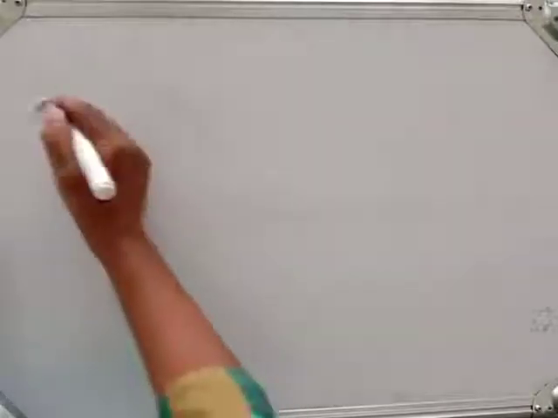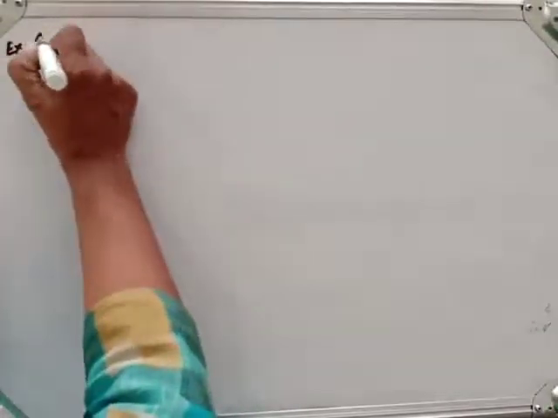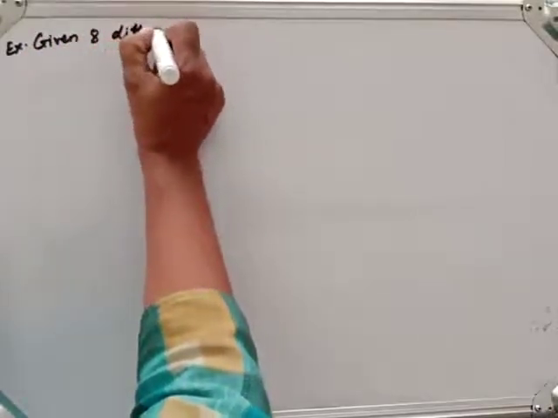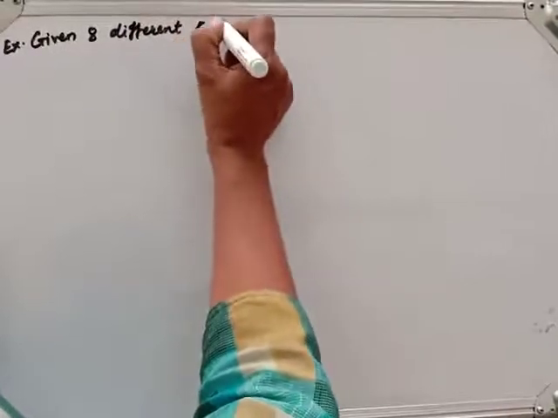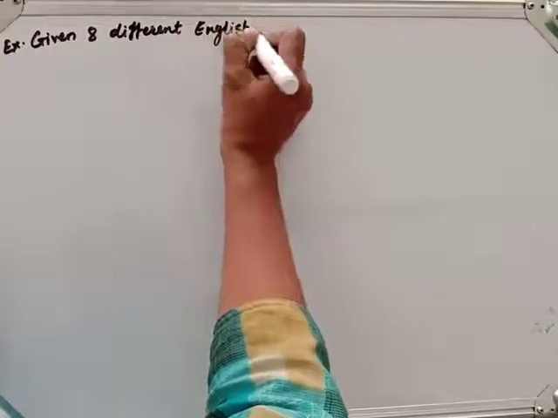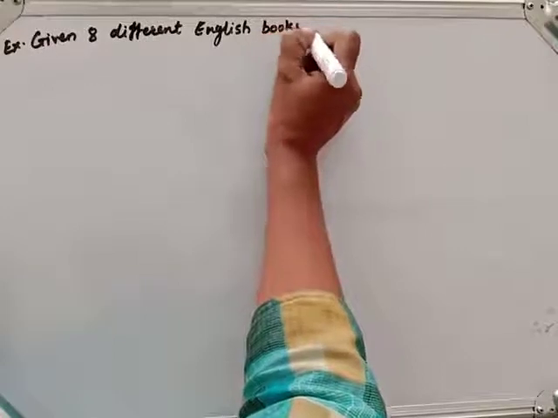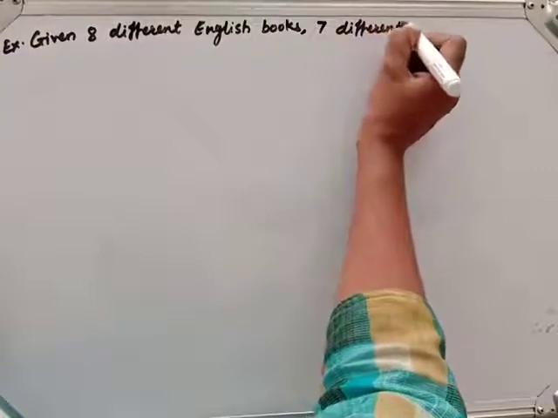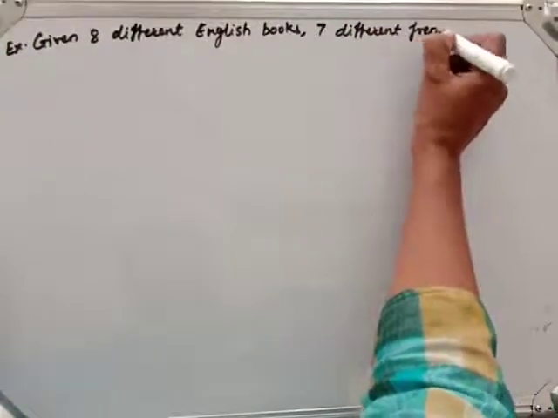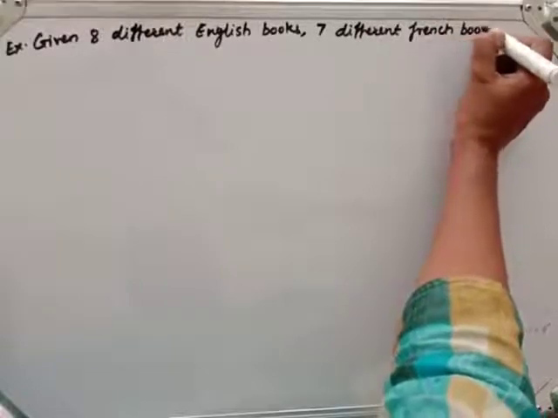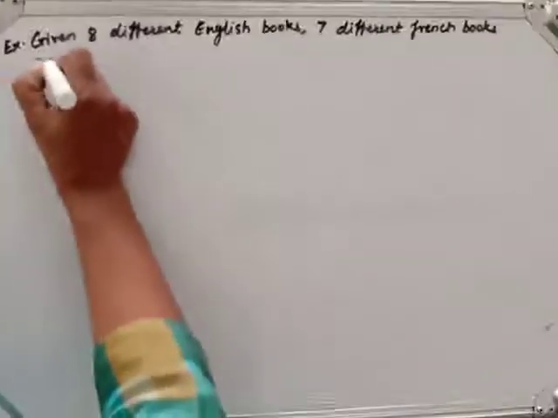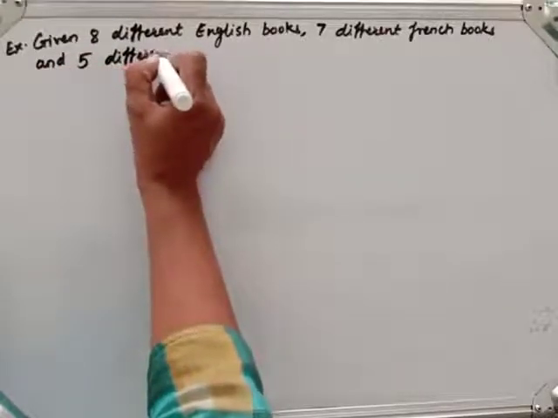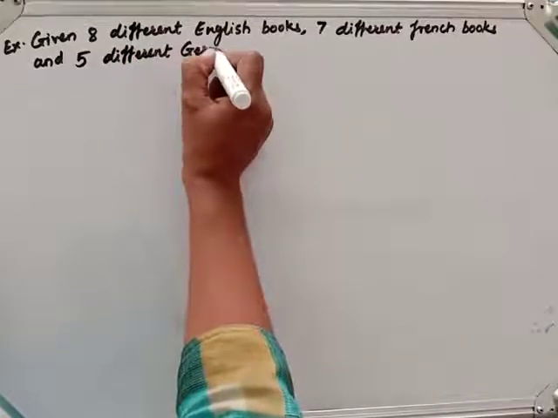Now next example, suppose given 8 different English books, 7 different French books and 5 different German books.